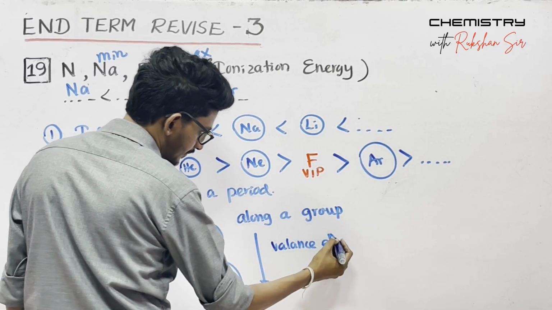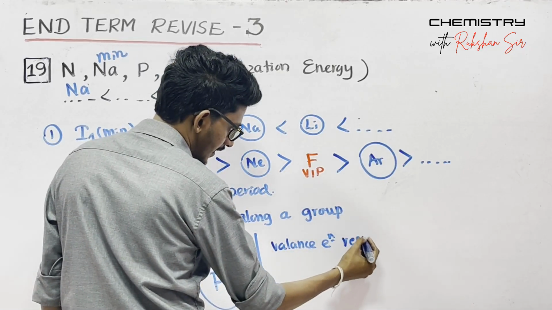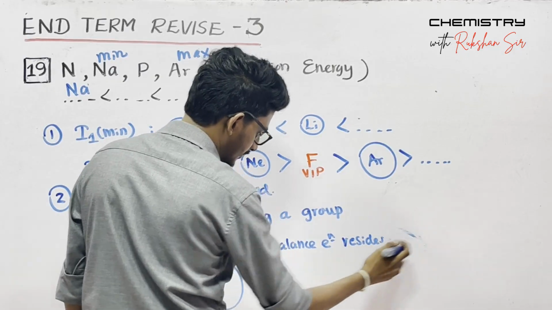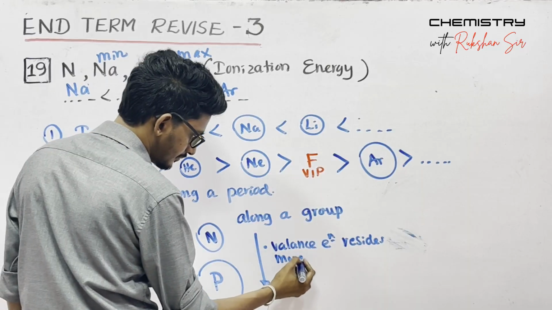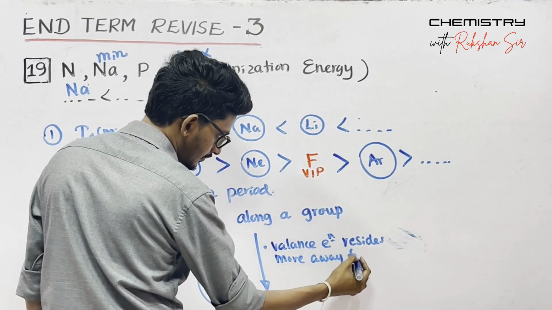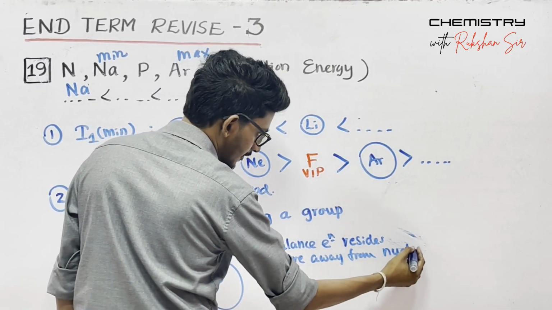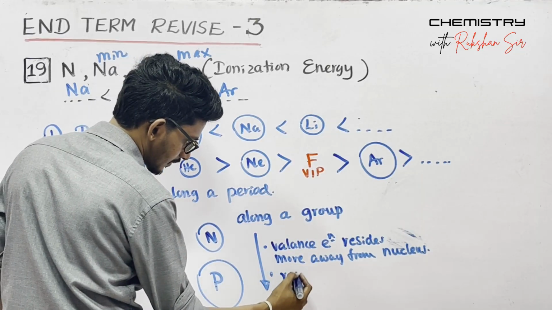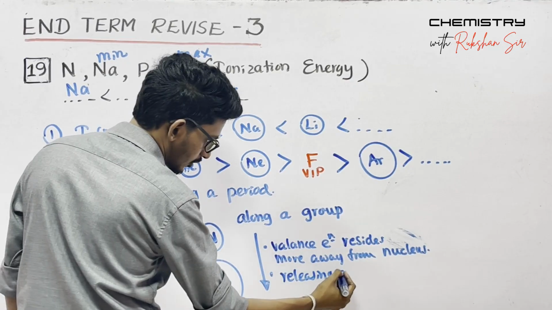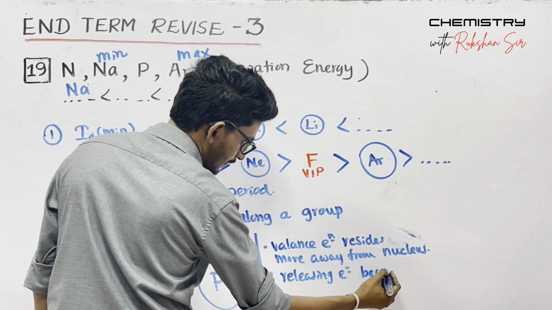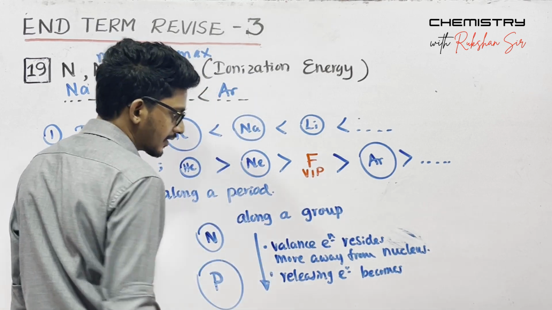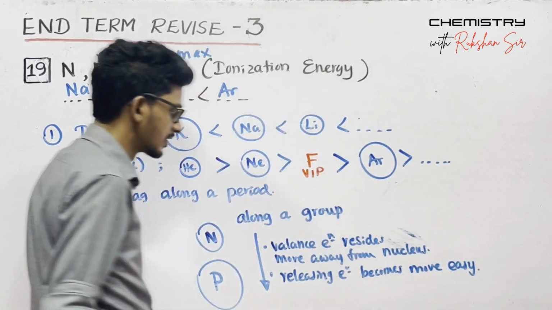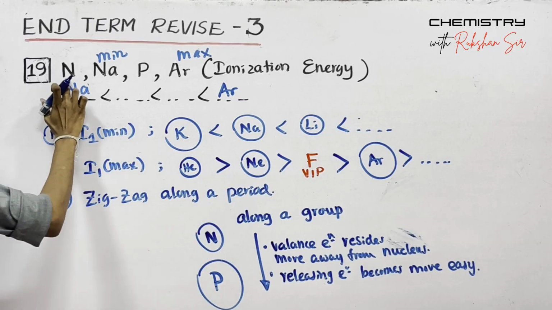This electron resides more away from the nucleus, so releasing the electron becomes more easy. This change will be sufficient. So with that, you can locate the nitrogen and phosphorus.